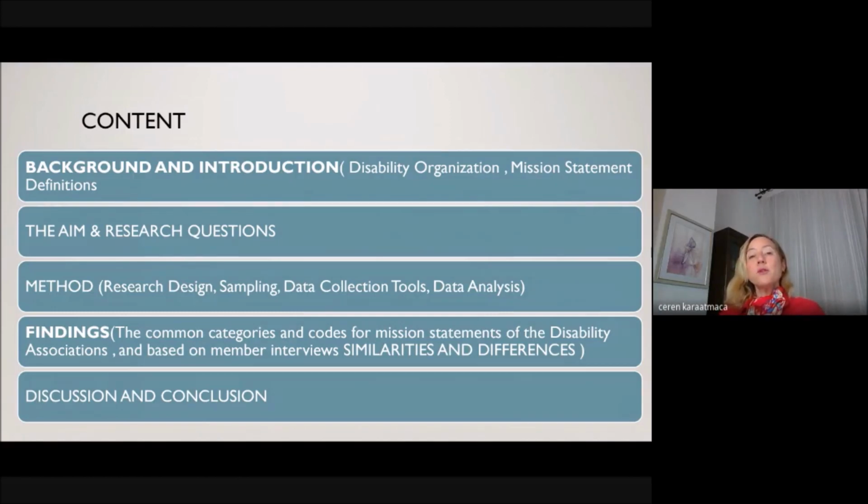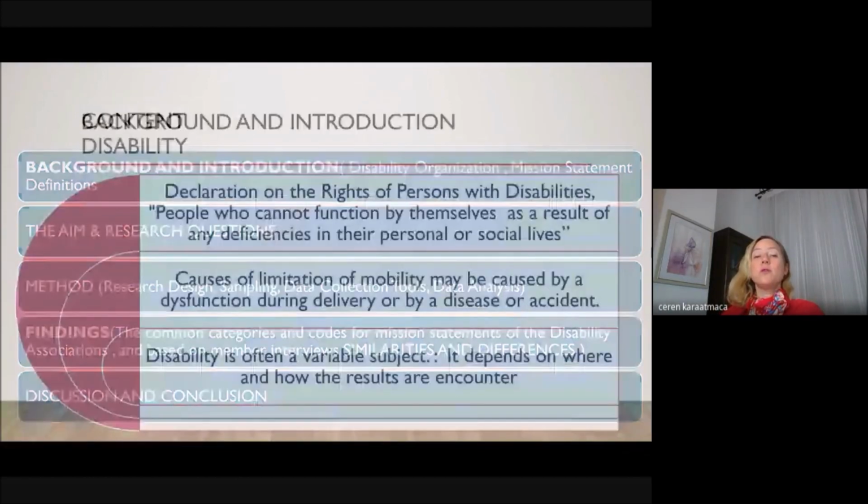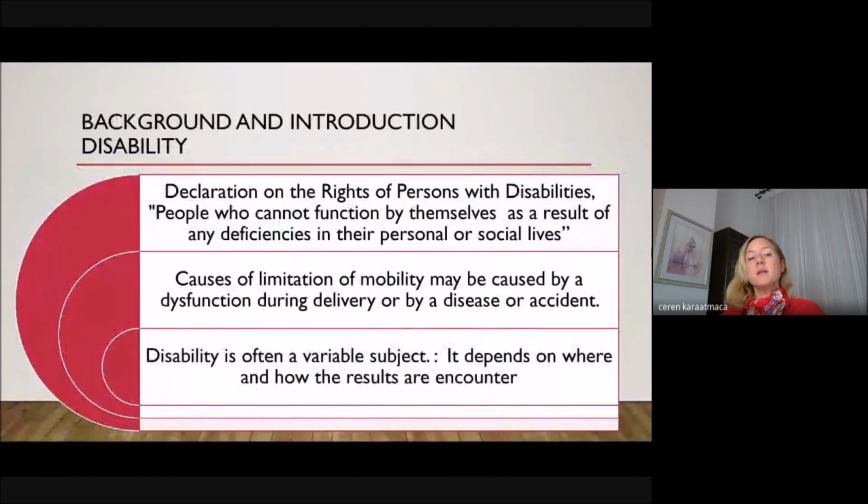So first, the background and the introduction part. So let's talk about disability. When we look at the Declaration on the Rights of Persons with Disabilities, it speaks about the disabled person, or the person in special needs, as people who cannot function by themselves as a result of any deficiencies in their personal or social lives.